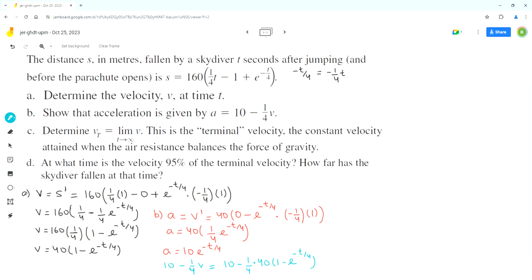Now we can simplify this expression to see if we get 10 times e to the power negative t over 4 that we got for acceleration. So the first step is to multiply 1 over 4 by 40, which is equal to 10. We can continue here. So we get 10 minus, then 1 over 4 times 40 is 10.